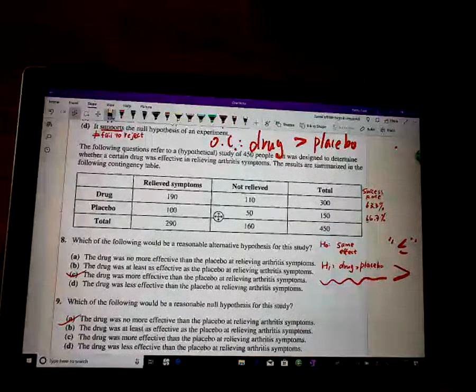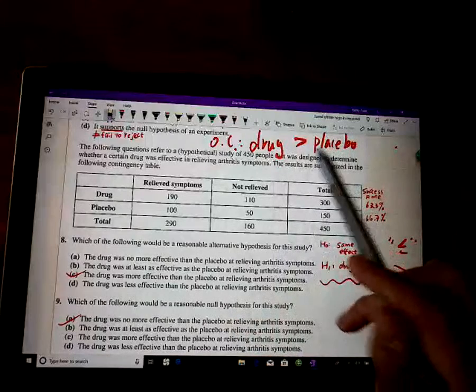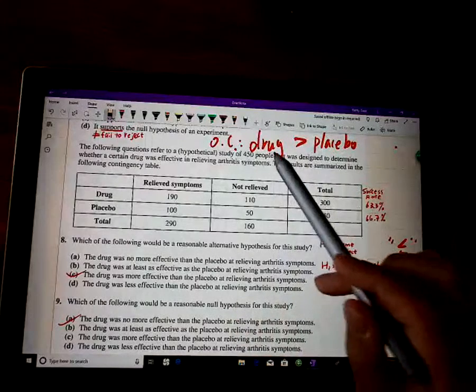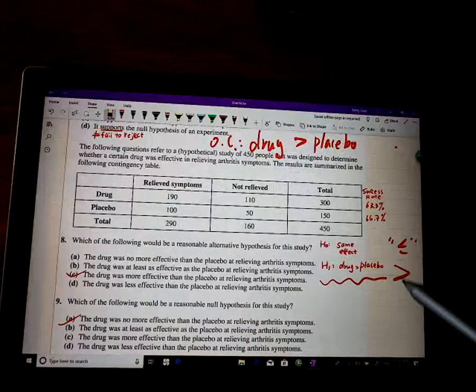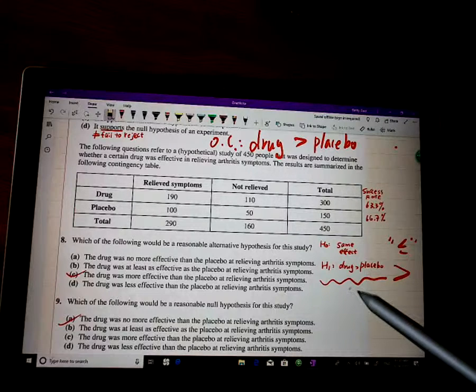Again, remember, if the original claim does not contain an equal sign, then the original claim is the same as the alternative. I said this, if you repeat the video, you would have heard me say that a few times earlier already.